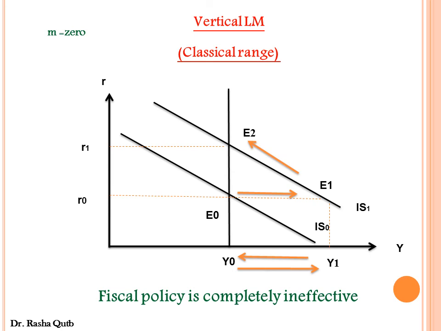In this case, the crowding out effect is complete. So fiscal policy in this case is ineffective. So when the LM curve is a vertical line, fiscal policy is ineffective on economic activity.